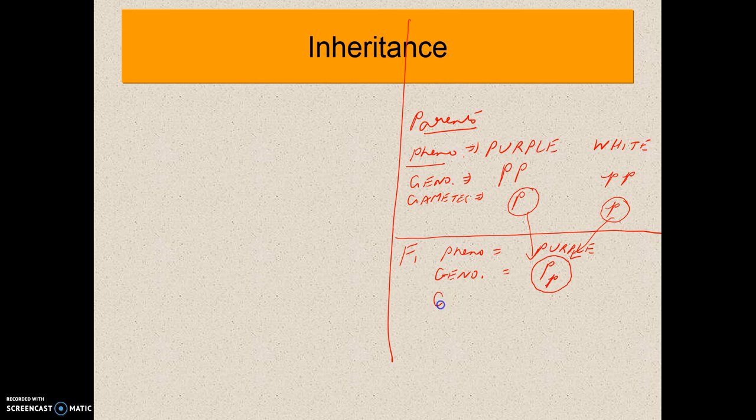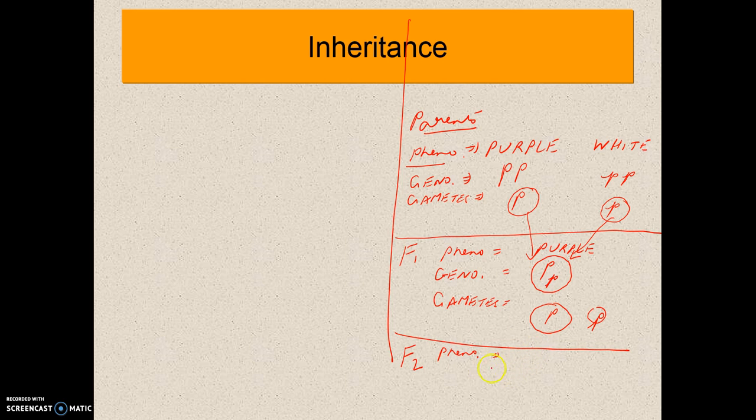Now this will also produce gametes, right? The sex cells. And in this case, you will have two types of gametes, one uppercase P and one lowercase p. So what about the F2 generation? Well, F2 generation, what was the phenotype?